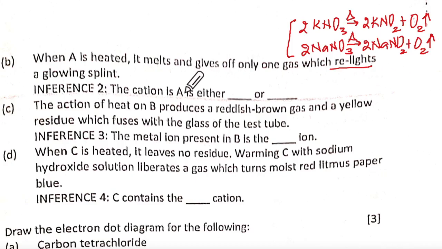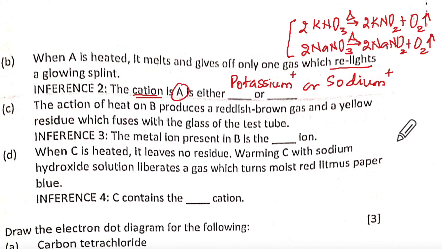So cation A will be either K or Na. You wrote potassium nitrate, but be careful. We don't want to lose marks like that. The nitrate will be potassium nitrate or sodium nitrate, but what are they asking you? The cation. So you have to be careful.